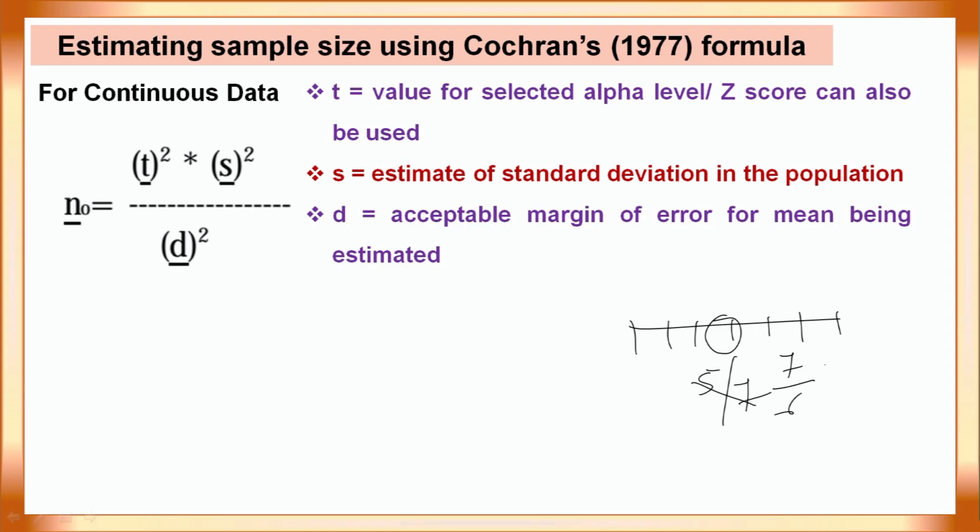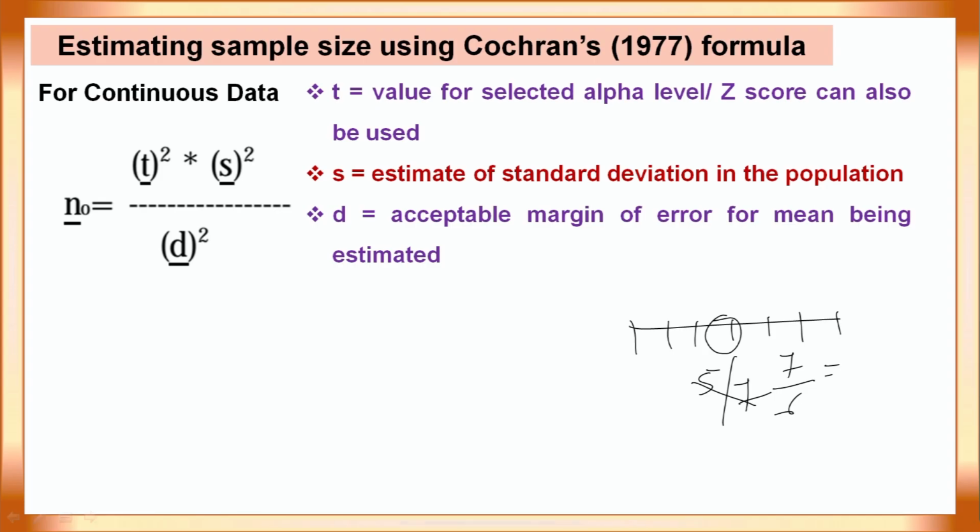So each side, 3 points are possible on both sides of that 7-point scale, and this standard deviation will capture 98% of the sample.